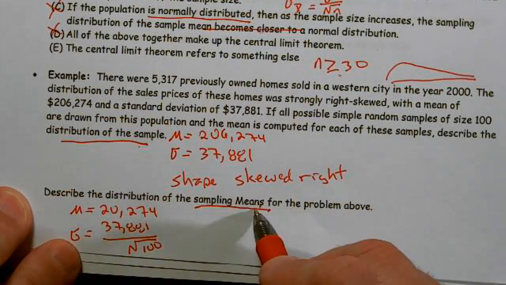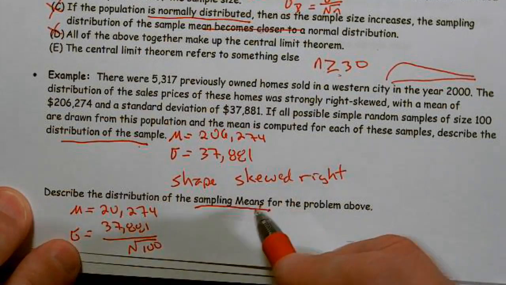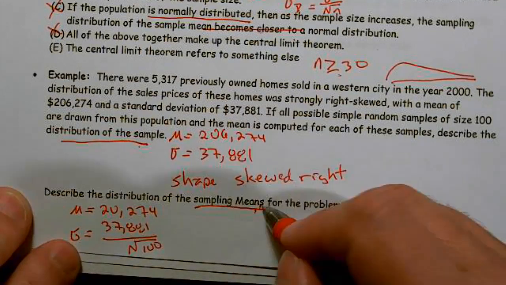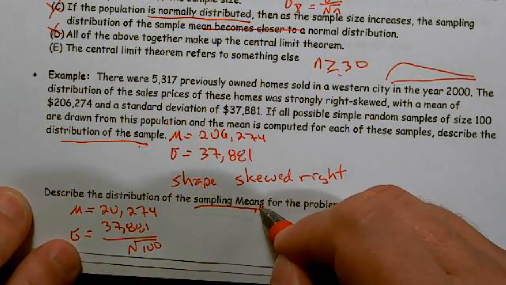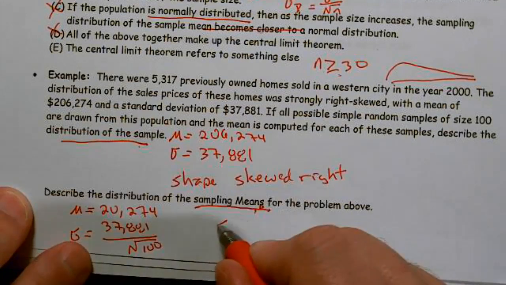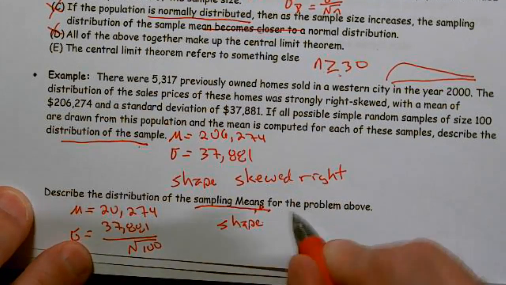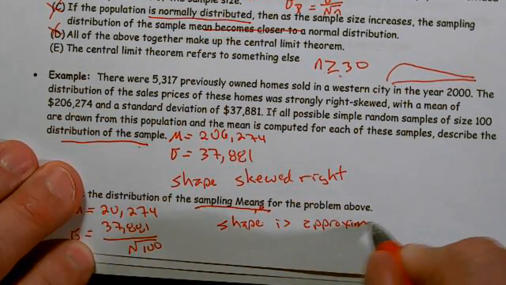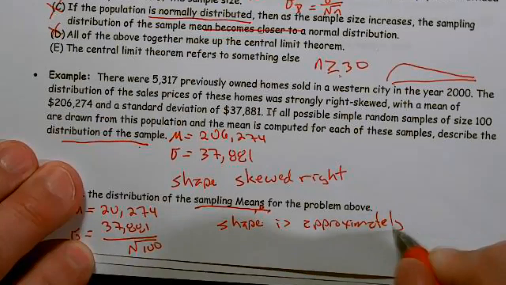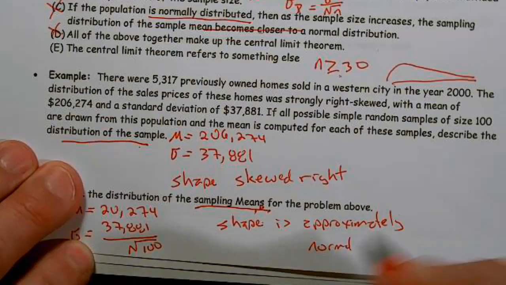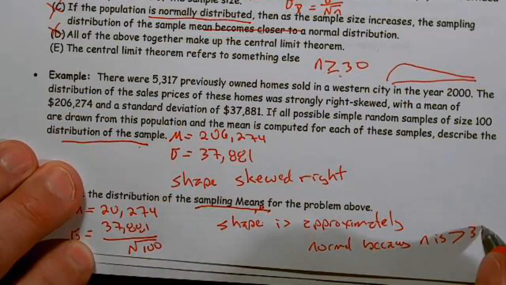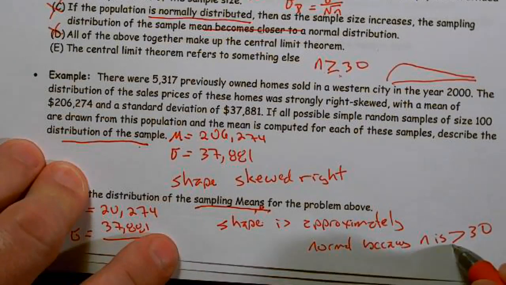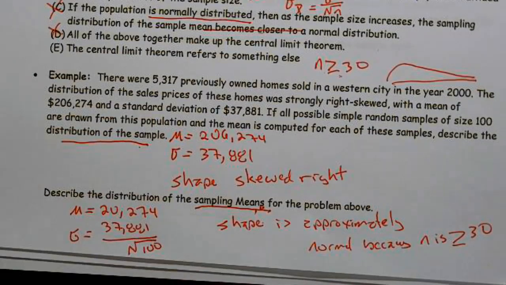Sampling means, sampling X bar, the distribution of these sampling averages: something that indicates mean, average, or X bar needs to be here. And now the shape is approximately normal because n is greater than 30. Because n equals 100, which is greater than 30, it approximates the normal.